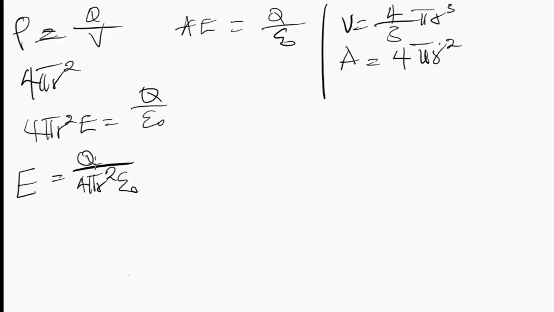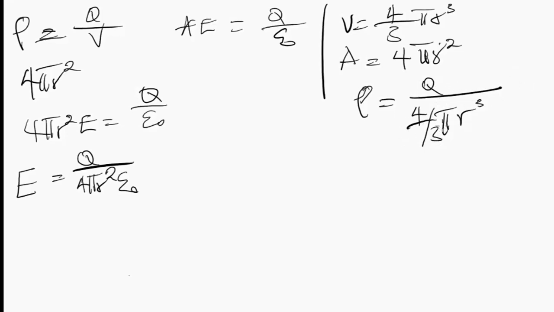Now, in this case, we want to replace Q with the volume charge density. So we'll recall that the volume charge density rho is equal to Q over the volume, which is 4 over 3 pi r cubed.